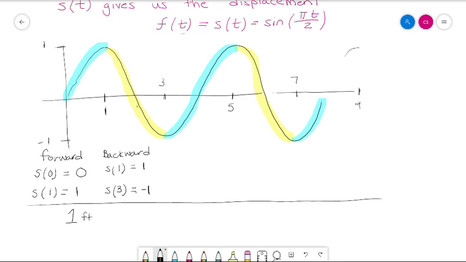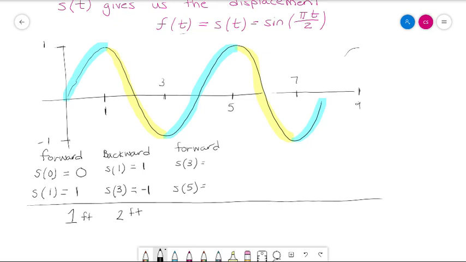Well, distance traveled is subtraction, right? So 1 minus -1 is 2, right? And on the flip side, we can also look at -1 minus 1 is -2. But since we're talking about distance traveled, it's positive. So we traveled 2 feet in that time interval.